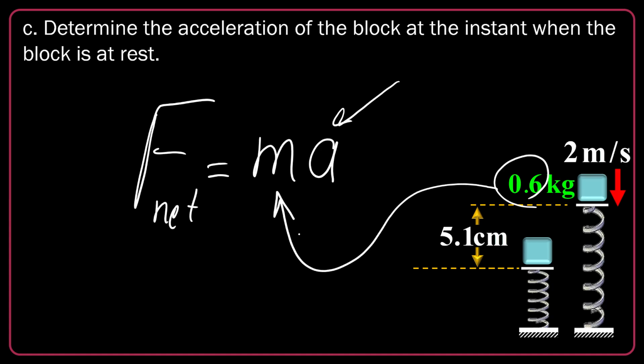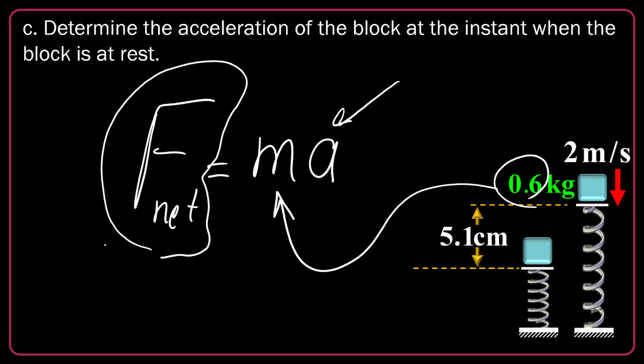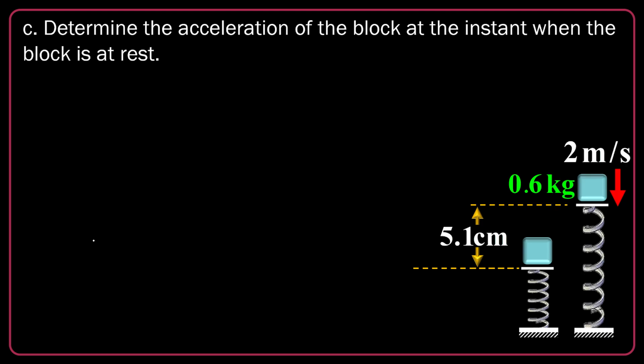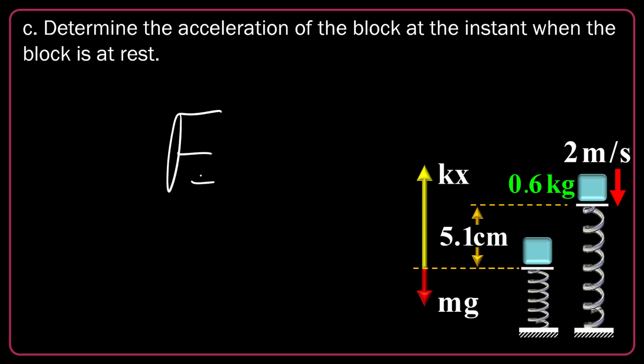I'm going to look for the net force acting on the object at the bottom point. You know that at this point, there are two main forces acting on it. First is the downward force of mg, and the other is the upward elastic force, force of a spring, kx. You know the elastic force is spring constant times compression, kx, and it's upward.